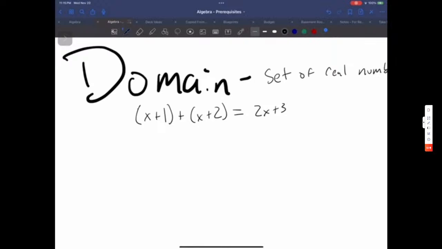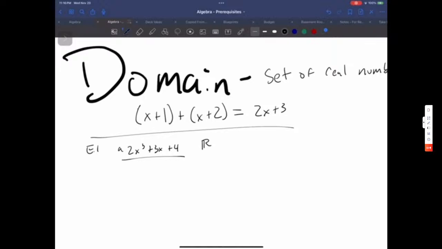So let's find the domain of an algebraic expression. The domain of the polynomial 2x cubed plus 3x plus 4 is the set of all real numbers. That's how you write the set of all real numbers.